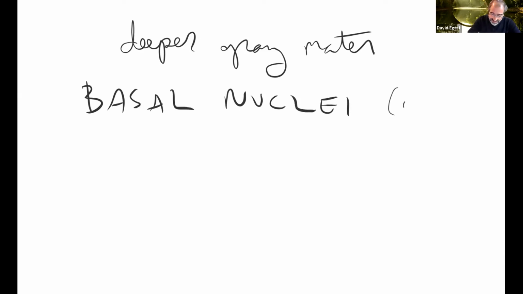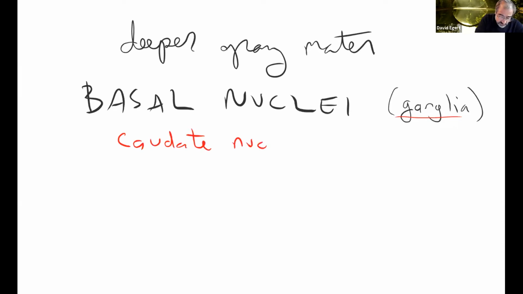And again, ganglia, you should know because they often do refer to them as basal ganglia, but again, don't get confused that this word shouldn't be used in the brain. There's the caudate nucleus. There's the lentiform nucleus.